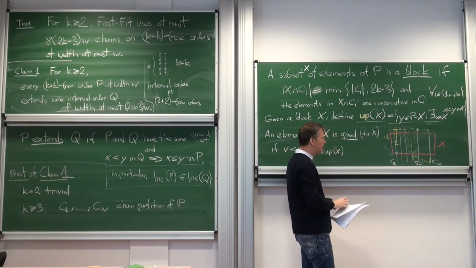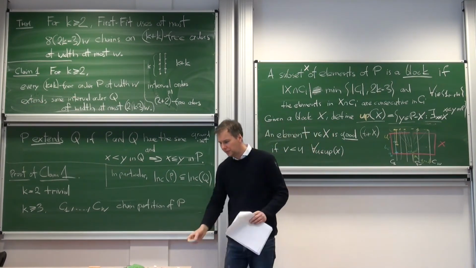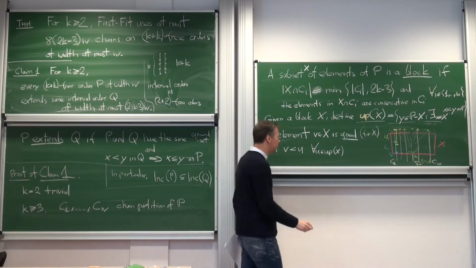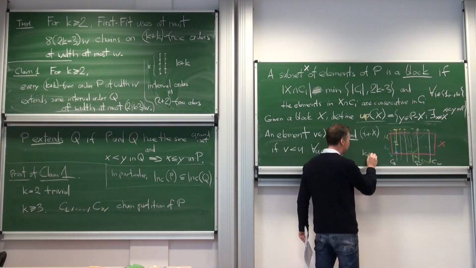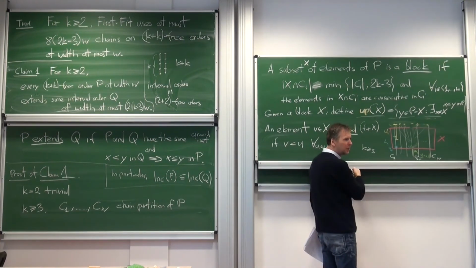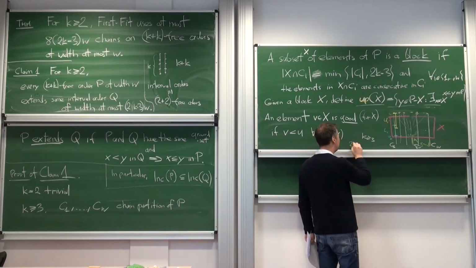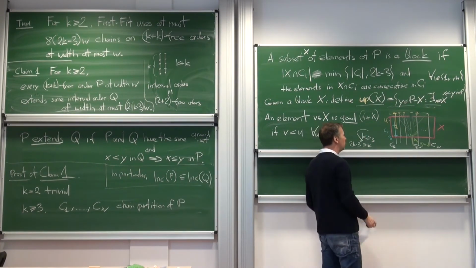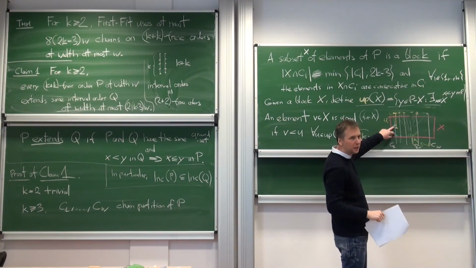Since k is greater or equal to 3, and this box is of size 2k minus 3, this is always at least k. So the blue guy always sits here.